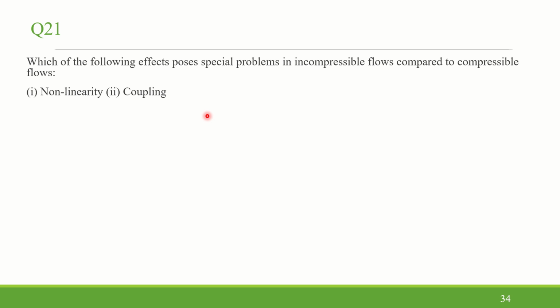Pressure evaluation is easier in compressible flows because we get pressure from the equation of state. That is not the case in incompressible flows. So that is a special effect, but since it is not given here, both of them are false.